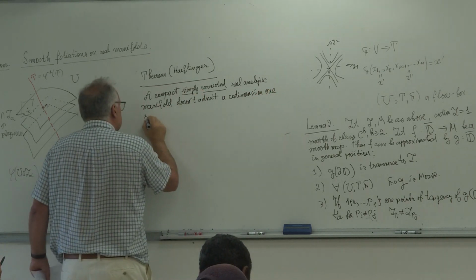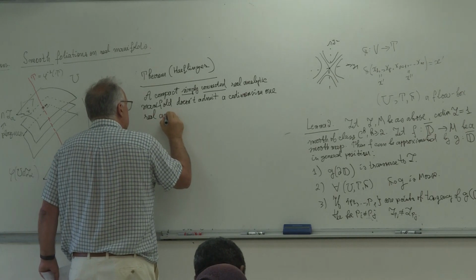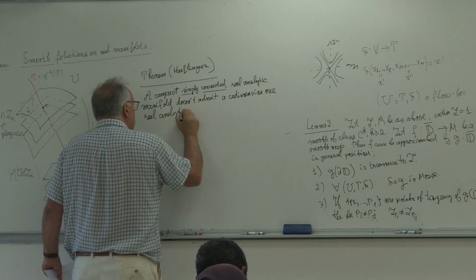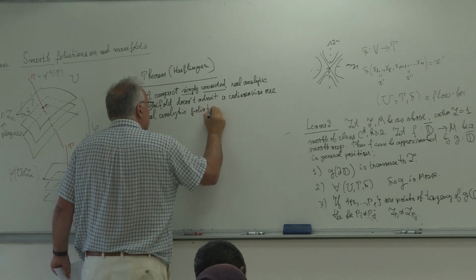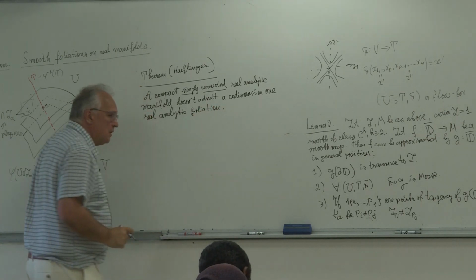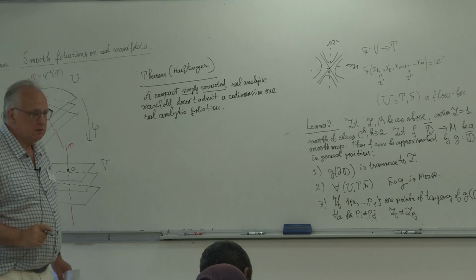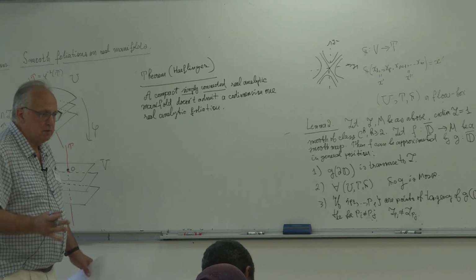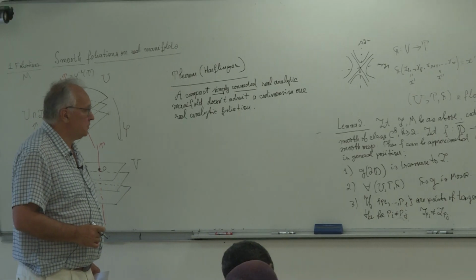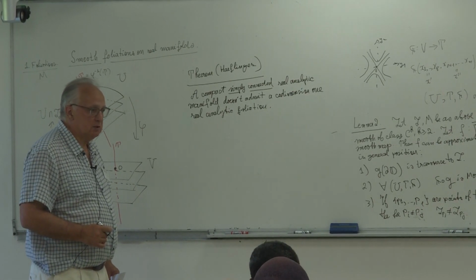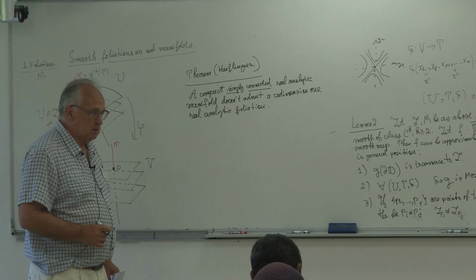This is important. So for example, the sphere in any dimension, okay, does not admit a real analytic foliation of codimension 1.